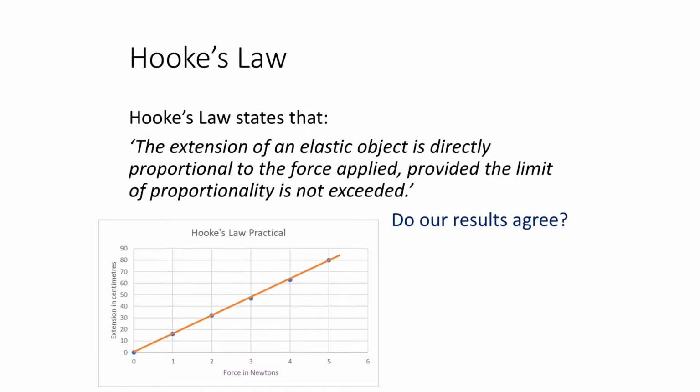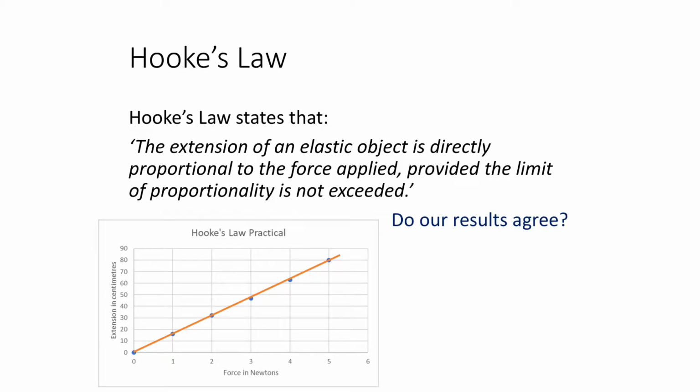Directly proportional, well, proportional means straight line. Directly means through the origin. And then the limit of proportionality, can you remember where that was? Well, that one was about here, because if you remember, after that, it starts to curve upwards.